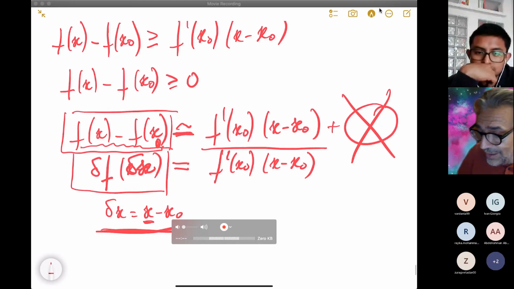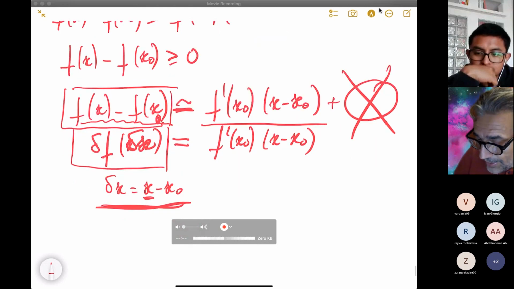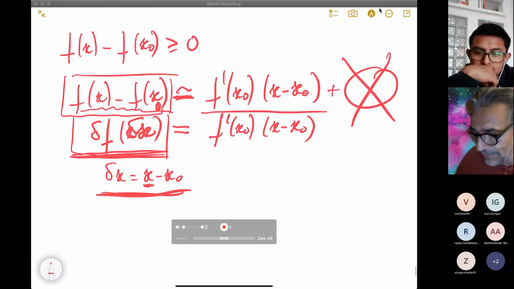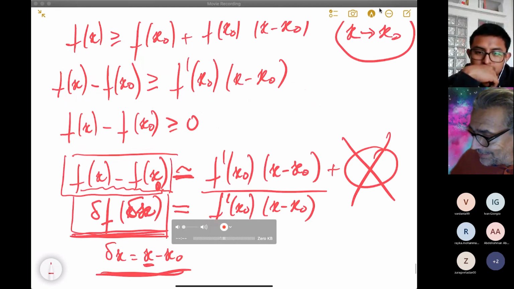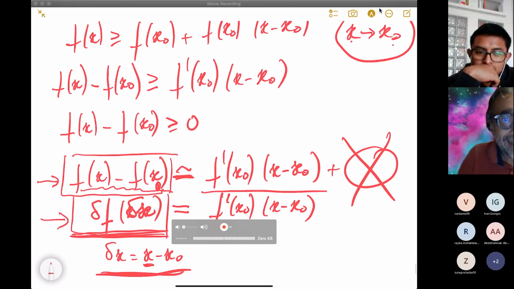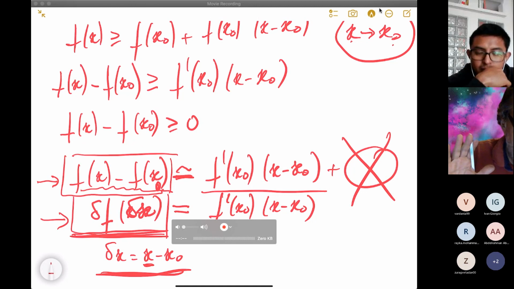Now, for the theorem of permanence of sign, the first variation of f in the neighborhood of a minimum must be positive, because when x tends to x0, the finite variation and the first variation are the same thing, or at least have the same sign.